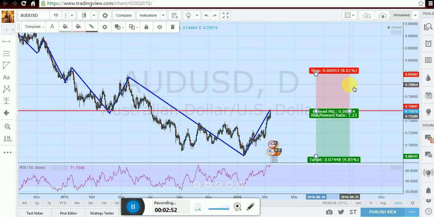Guys, the most important thing that you're going to hear a lot of traders tell you is having a very good risk to reward ratio, because in the long run, I can't even stress how important that is. Having a good risk to reward ratio is everything in trading. It's not everything, but it's going to account for a lot.